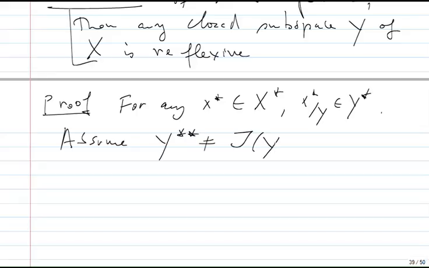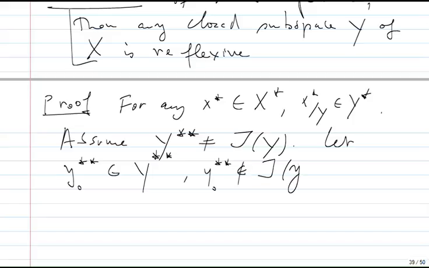Let y0 double star belong to y double star, and y0 double star does not belong to y. Since Y is a closed subspace, then I of Y, because it's an isometry, is a closed subspace of Y double star, so the distance from y0 double star to I of Y is positive.